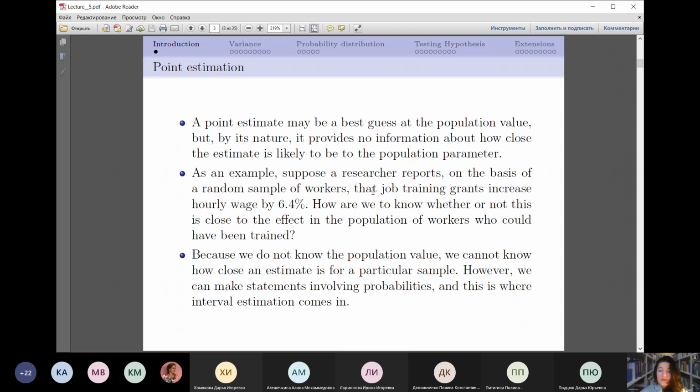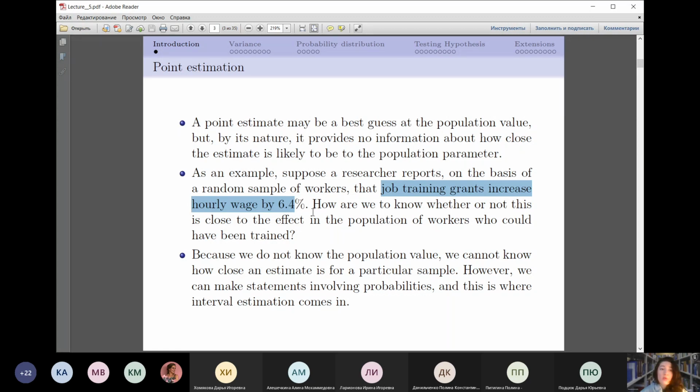So let's say that we get that job training grants increase hourly wage by around 6%. But this conclusion, this result, we get from the sample. And our question is, how are we to know whether or not this is close to the effect in the population of workers who could have been trained?